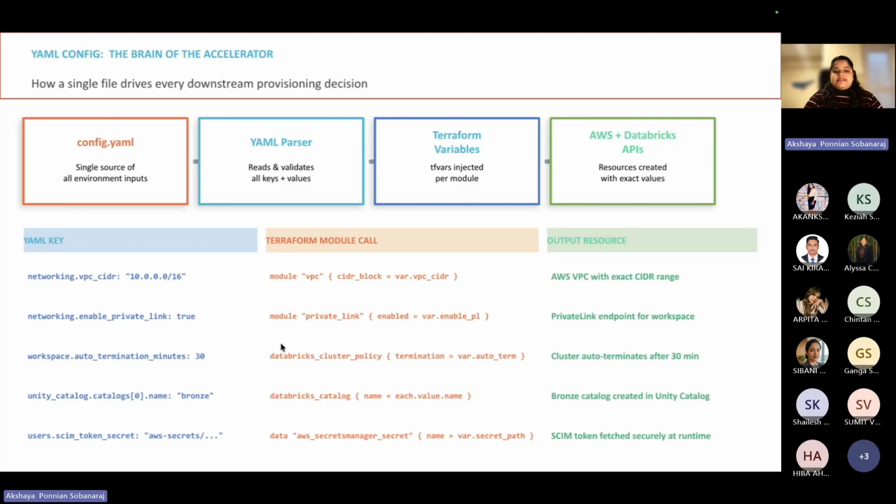So all these important setup steps or best practices are handled by this accelerator, so that we enable and disable whatever is required. We go with least privilege access, and we create catalogs with the minimum required to start a workspace and run something with the data.